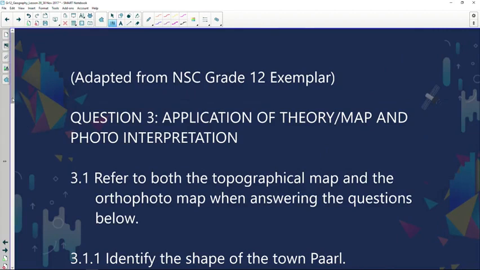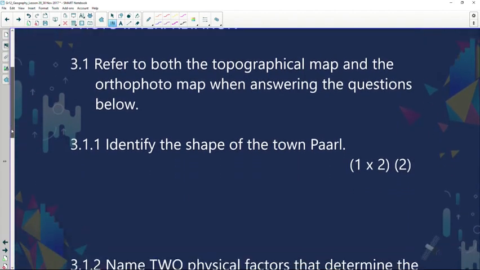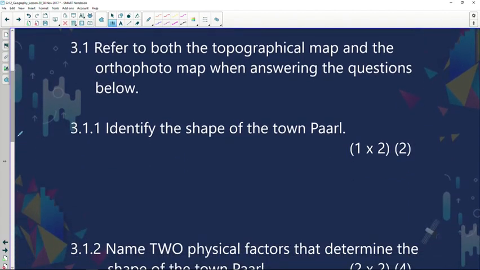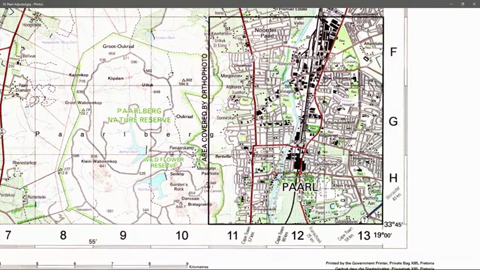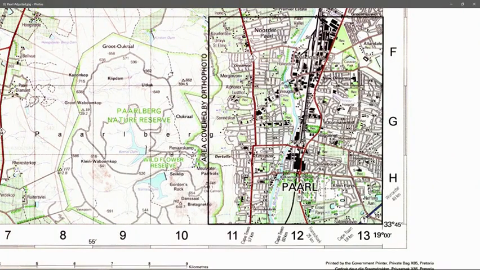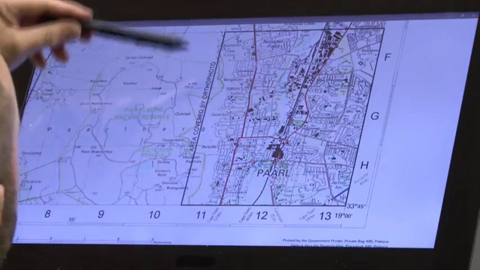But let's quickly have a look at the questions regarding the topographical map and the orthophoto map. If we look at the first question, identify the shape of the town Paarl. Let's have a look at that. Here is where the orthophoto has been taken, the demarcated area.